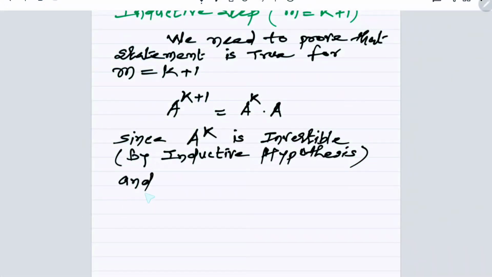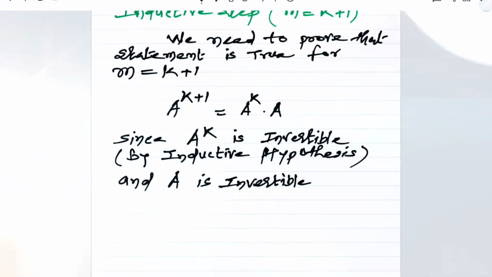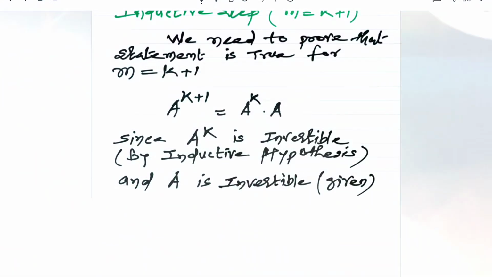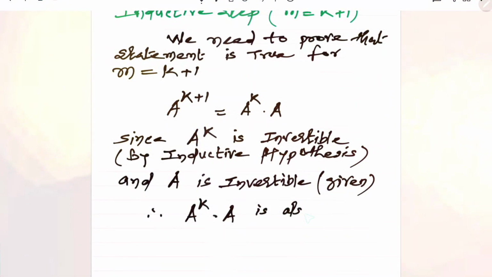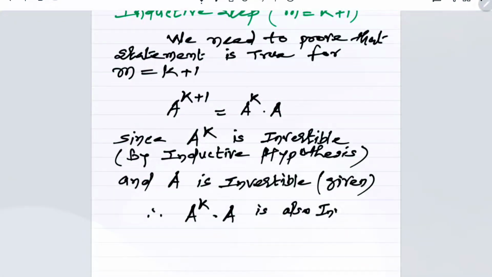And A is invertible, as given. Therefore that product of A raised to k into A is also invertible.